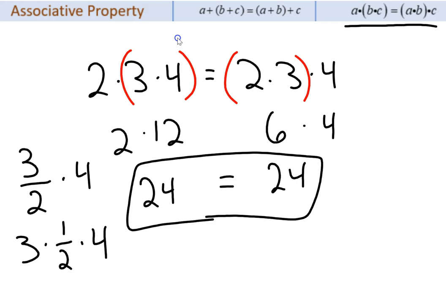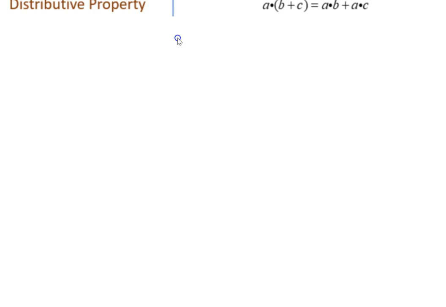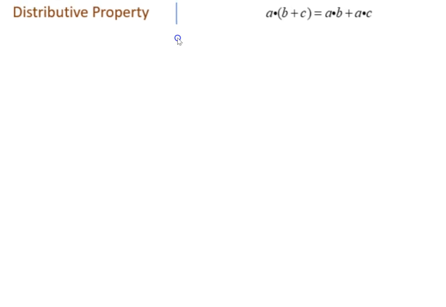The next property is the distributive property. The distributive property states that if you have some form of multiplication outside of a sum or difference of numbers, what you need to do is distribute, in air quotes, that front multiplication through to both of the numbers or all of the numbers inside of your parentheses.